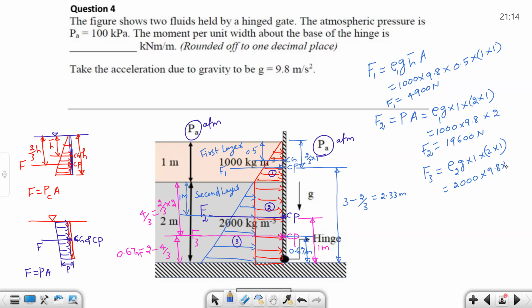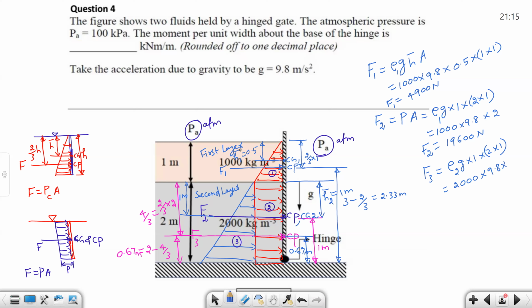So this is the center of gravity for the first layer. This is the center of gravity for the second layer. So the distance from here to the center of gravity for the second layer, maybe this is the H bar 2, we can take it. H bar 2, 0.5 meter. Not 0.5, 1 meter. This is the H bar 1.